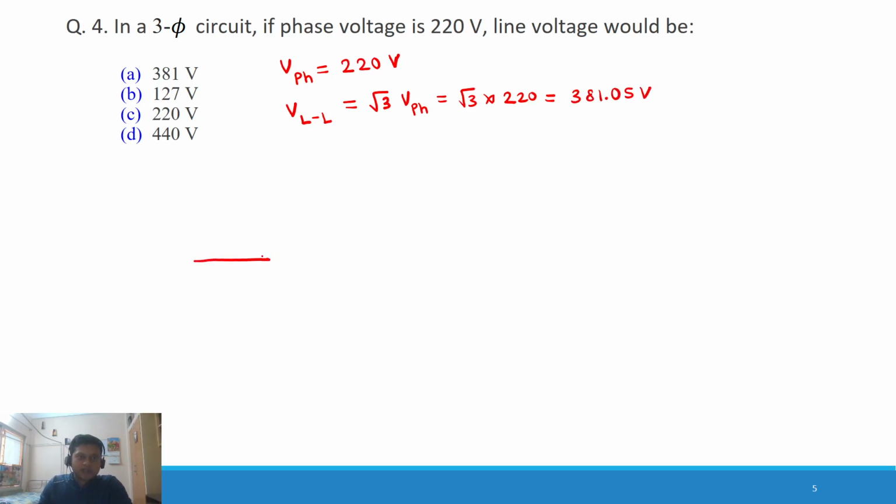In a balanced circuit, if we have a balanced source, we can represent it as phase A, phase B, all displaced from each other at an angle of 120 degree.